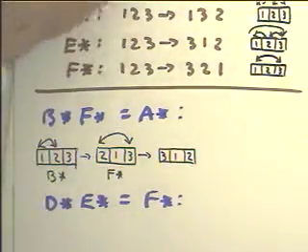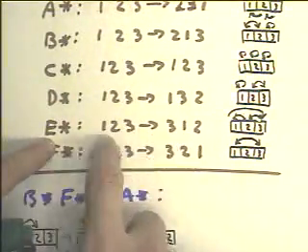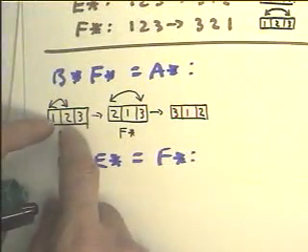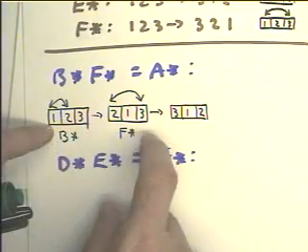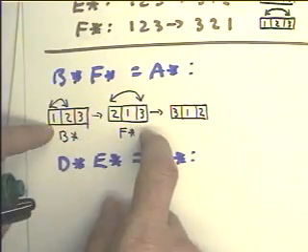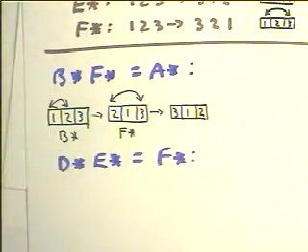Now what transformation is the 3, 1, 2? Okay, well that's what E star does to the 1, 2, 3. In other words, if we'd started with the B star transformation and then done the F star transformation, we would have gotten the E star transformation.